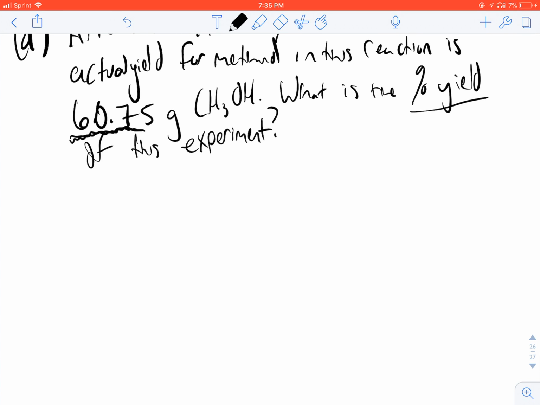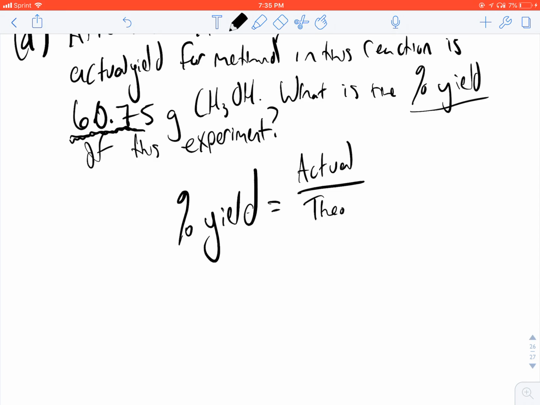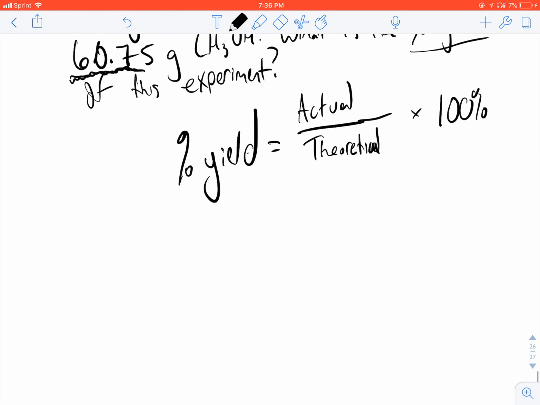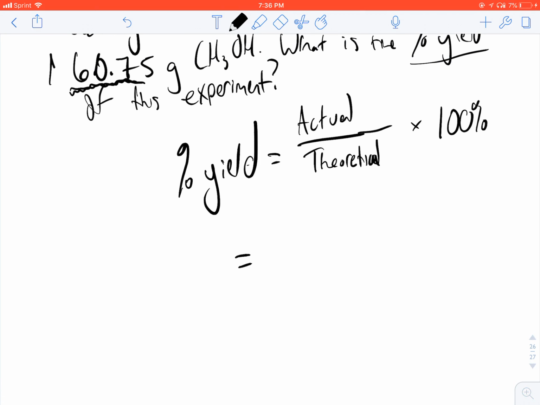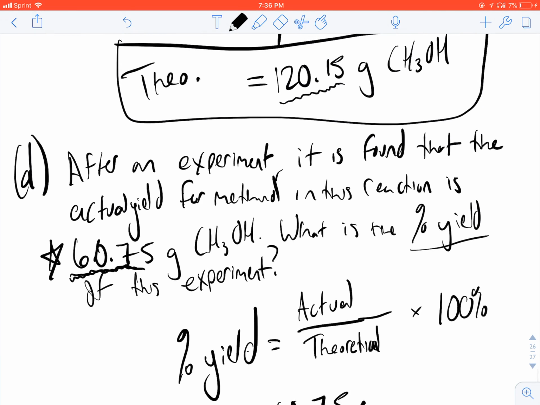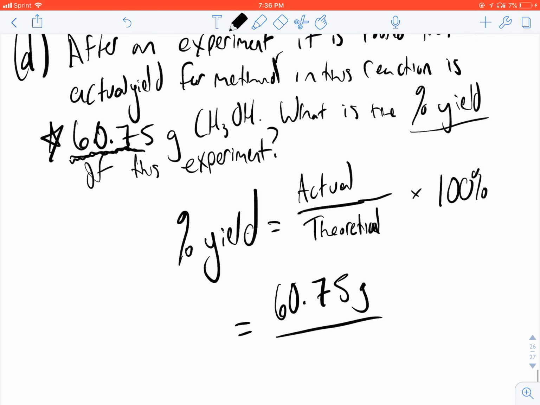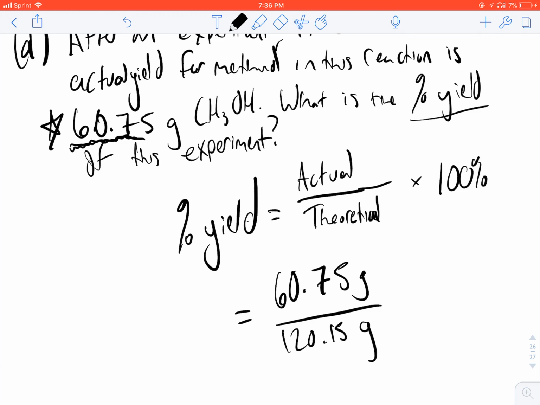So all we have to do is use our percent yield equation, which is percent yield equals actual over theoretical. And since this is a percentage, we'll just remember to multiply by 100%. Alrighty, so now just plugging in what we know, our actual yield was given to us, 60.75 grams. And our theoretical yield is what we calculated earlier, 120.15 grams.